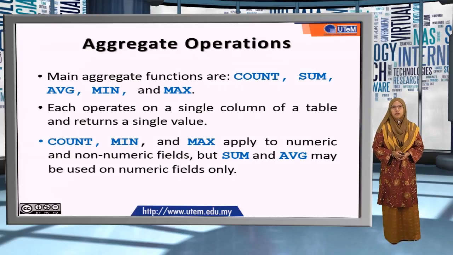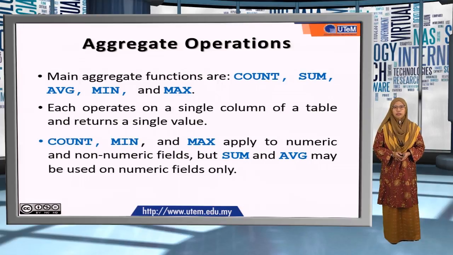These functions operate on a single column of a table and return a single value. For example, the sum function can be applied on the total expense column to return the total of all the expenses.